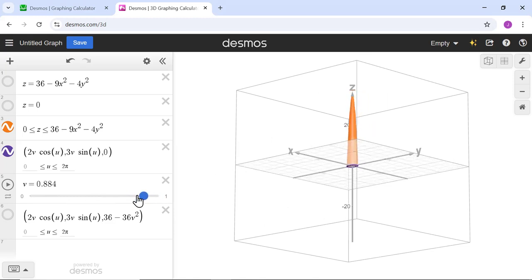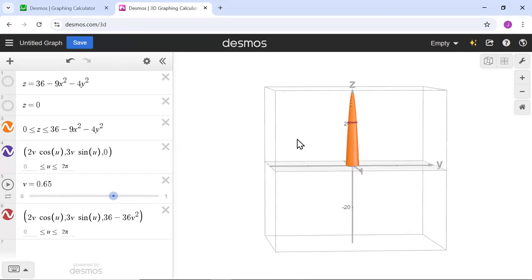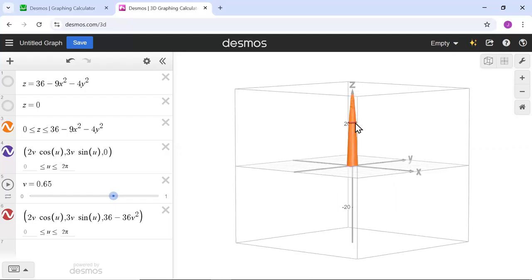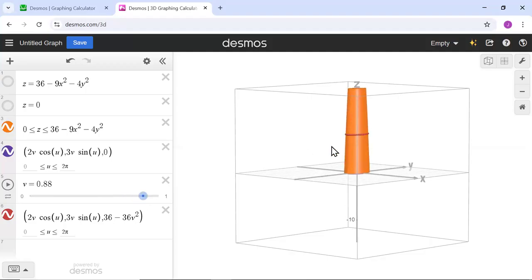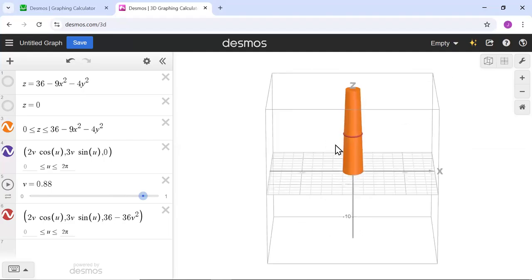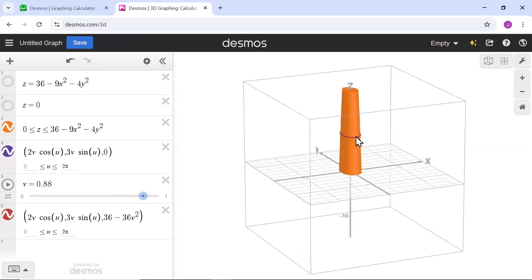Well, in another sense, I can get ellipses around to create this paraboloid at each different value of v. You'll notice that we get an ellipse here around the paraboloid.